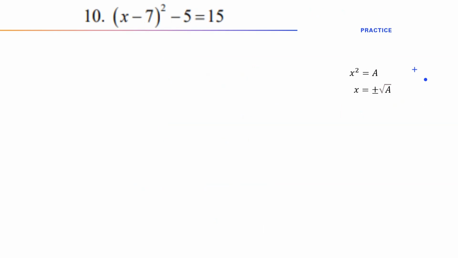Number 10. What do we do first? Check for the square root property. You may say no, but it's yes.